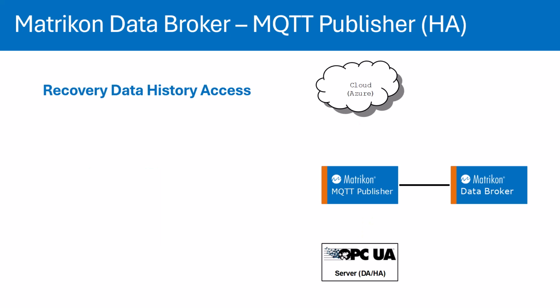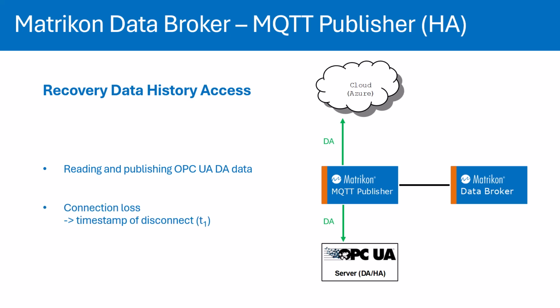The most common use case will be the recovery data history access scenario, where the MQTT publisher will be reading and publishing real-time data, so DA, and only in case of a connection loss between the MQTT publisher and the source UA server, the MQTT publisher will note the timestamp of the disconnect.